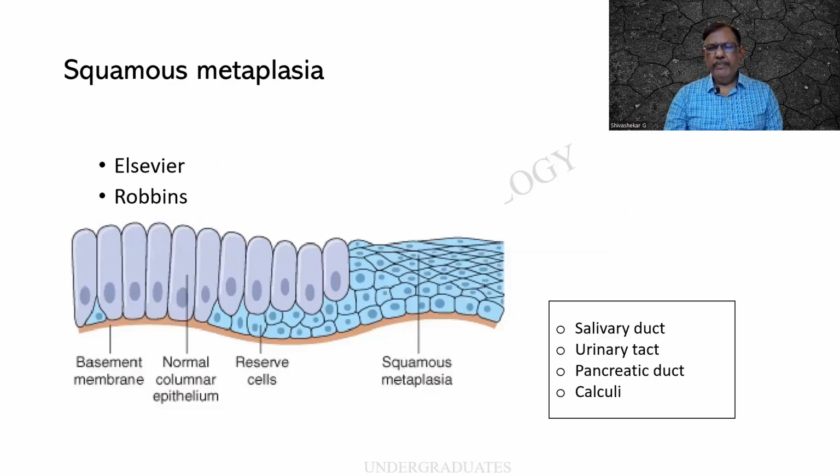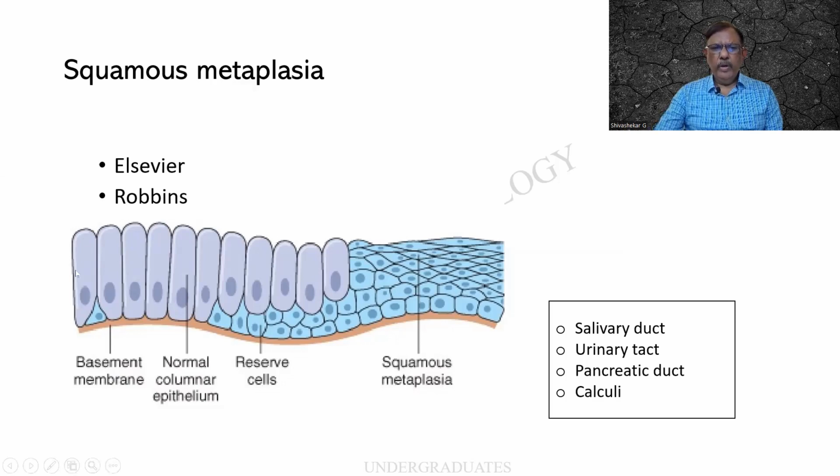Squamous metaplasia. This we have seen n number of times, but I will repeat again for completion. Metaplasia is the replacement of one adult type of tissue by another due to varied differentiation. The definition must not change at all.